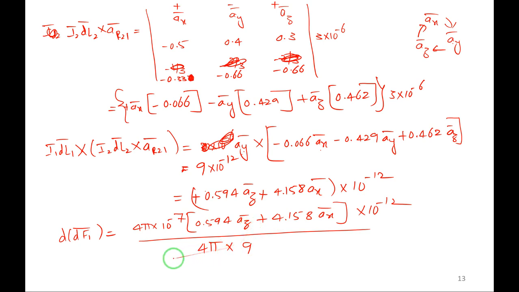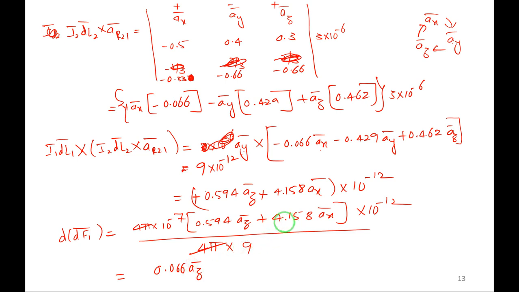Okay, fine. 4 pi will get cancelled. And this 9 I have taken care of already, I have multiplied, or else it would have cancelled, no problem. 4 pi will get cancelled, and we will calculate the other things. So 10 power minus 7, 10 power minus 12, I will write it later. So 0.594 divided by 9, I am getting 0.066 AZ.